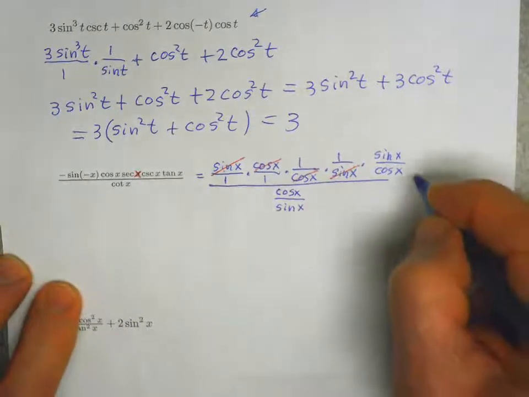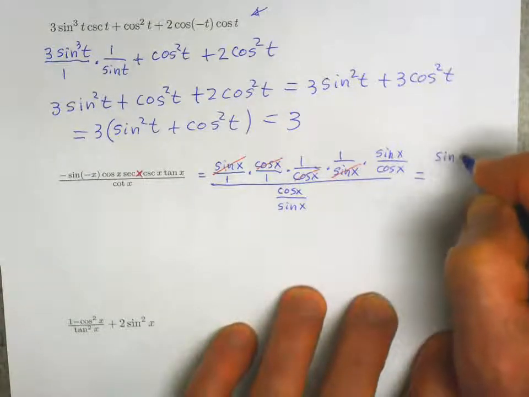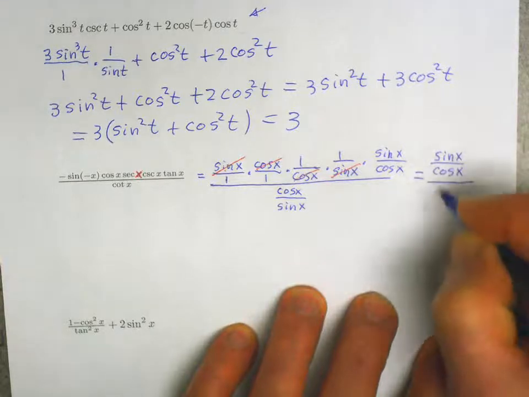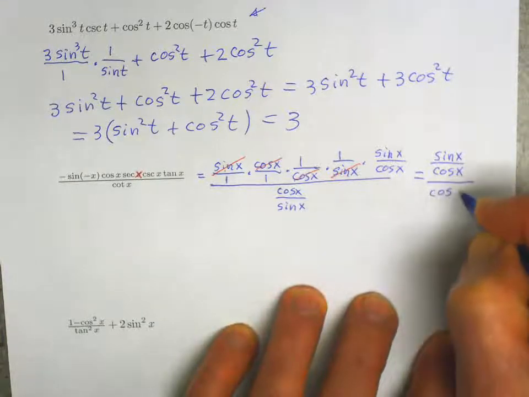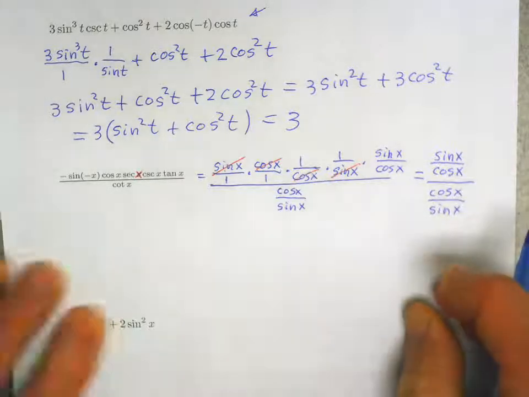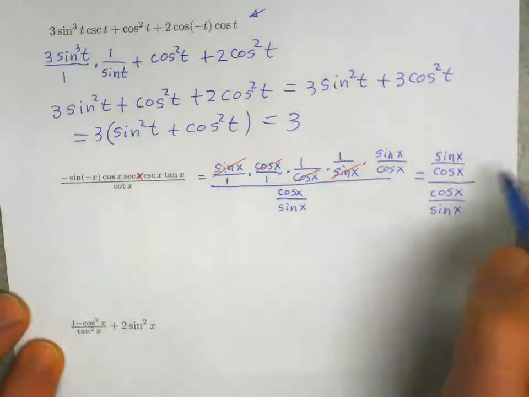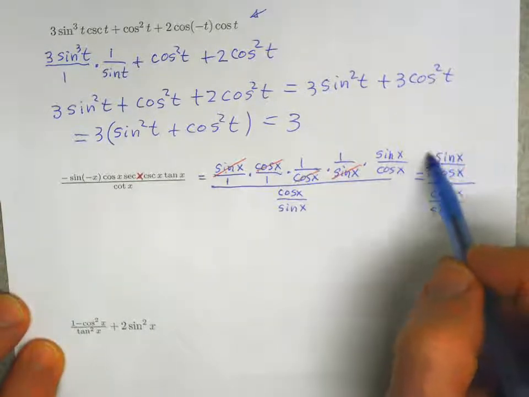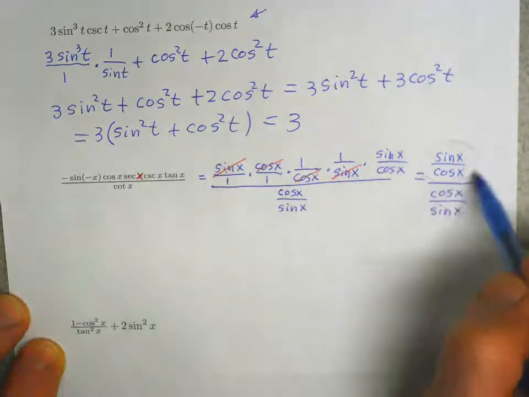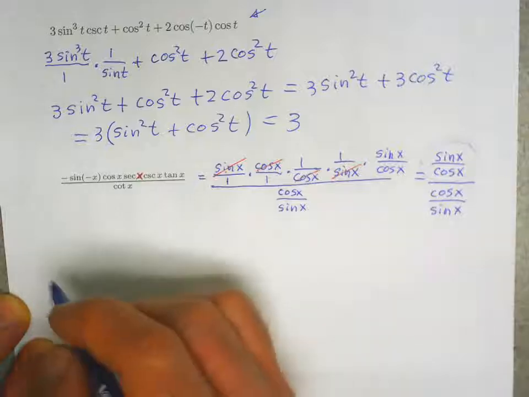Okay, so I'll just clean this up a little bit. We have sine of x over cosine of x divided by cosine of x over sine of x. And then in the next step, we'll multiply the fraction in the numerator by the reciprocal of the fraction in the denominator.